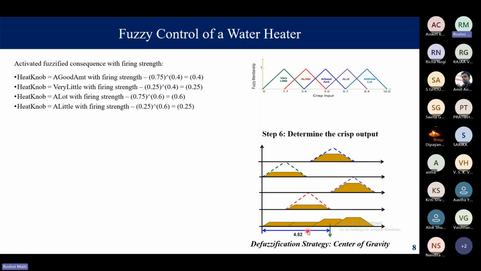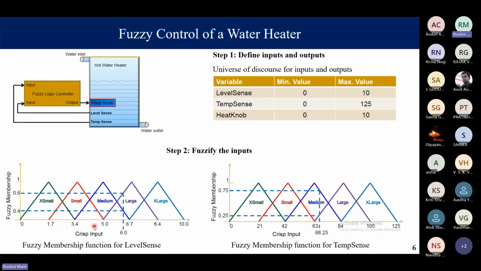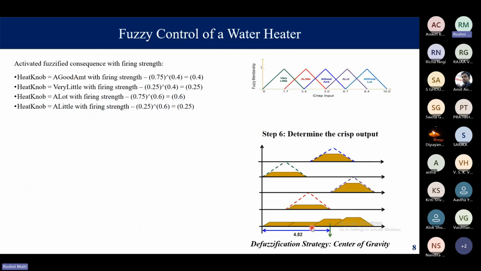So for the specific inputs where we need our level sensor at 6 and the temperature sensor at 68.25, there we have to open our heat knob 4.82. So in this way, depending upon the data, not on the model, we have to take the decisions.